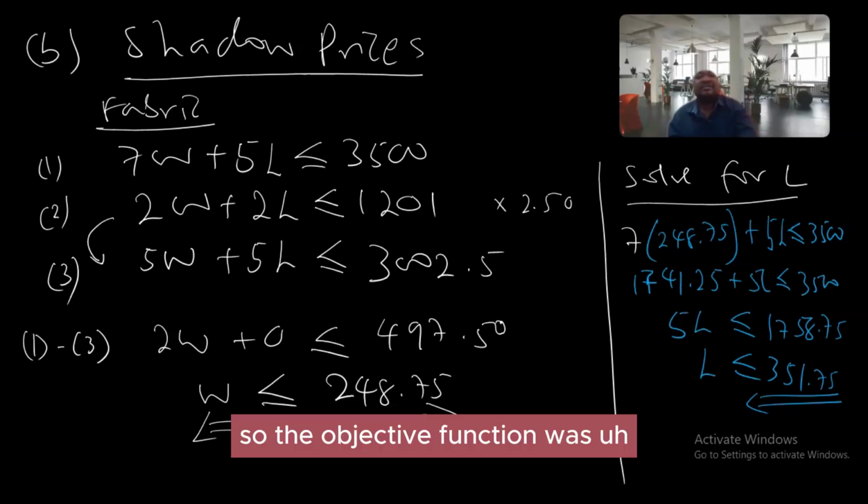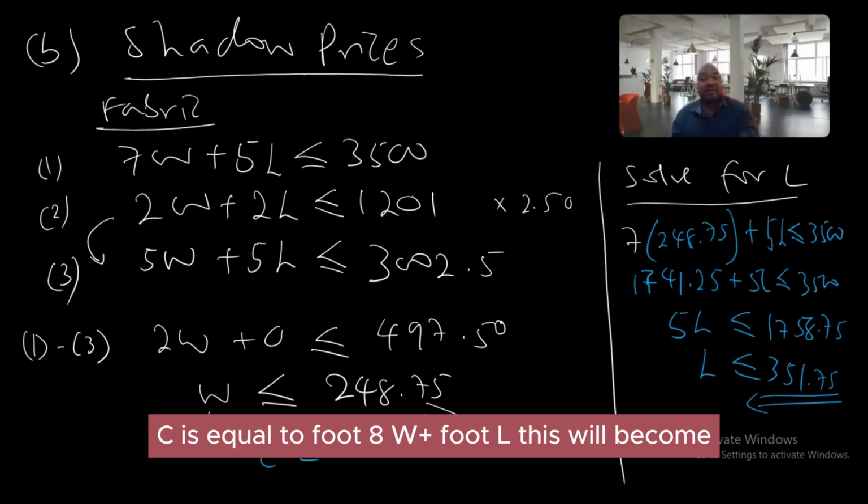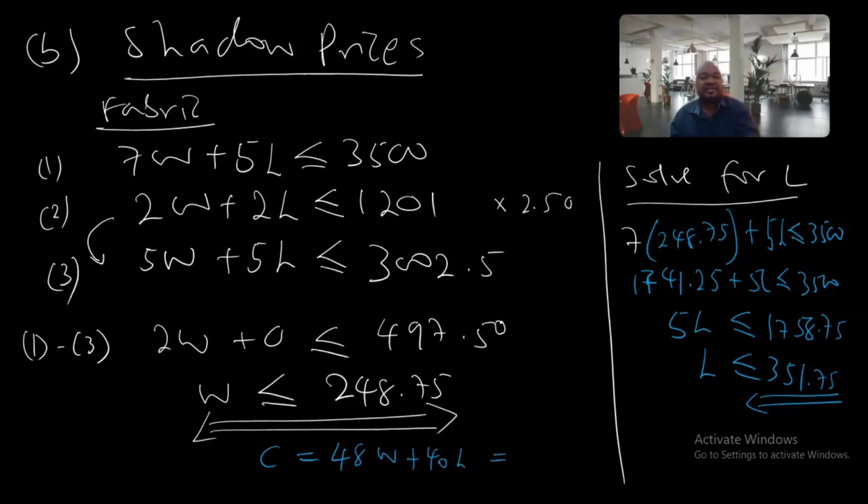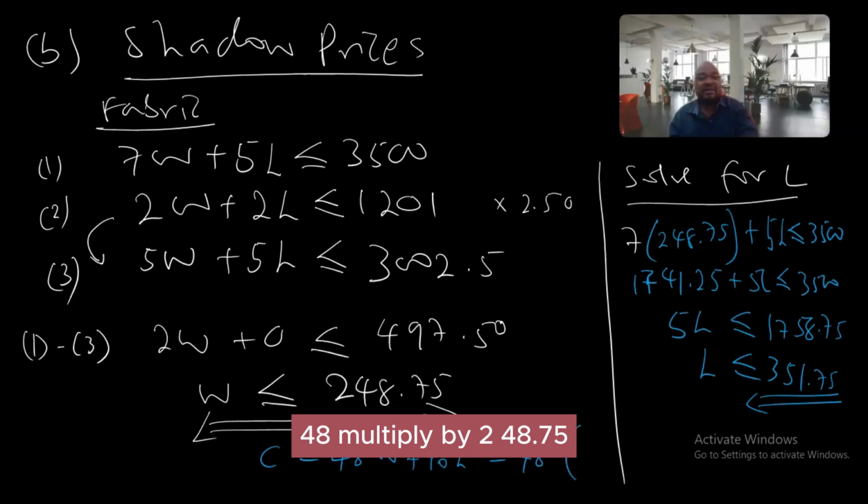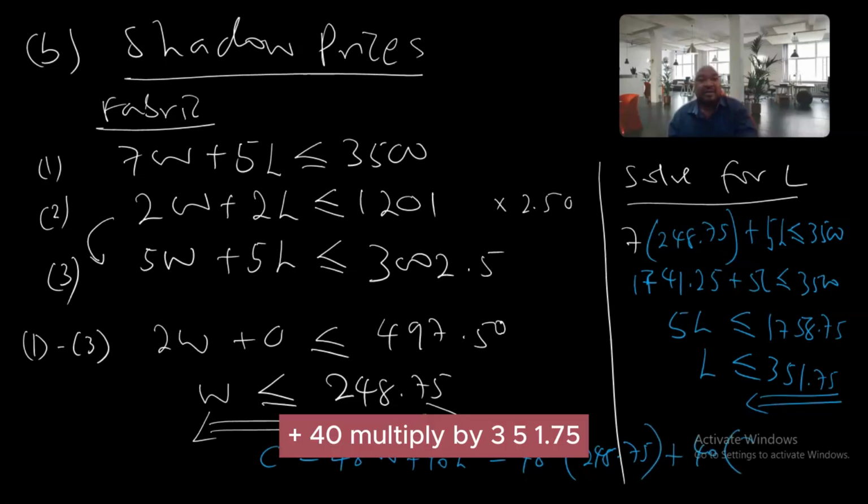The objective function was C equals 48W plus 40L. This will become 48 multiplied by 248.75 plus 40 multiplied by 351.75.